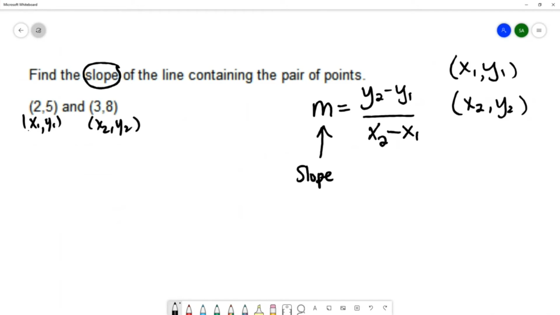And it doesn't matter which one is which, as long as the ones are in the same ordered pair and the twos are in the same ordered pair. So then we're going to use the formula to do the calculation. We want to start by doing y2. y2 is 8 minus y1.